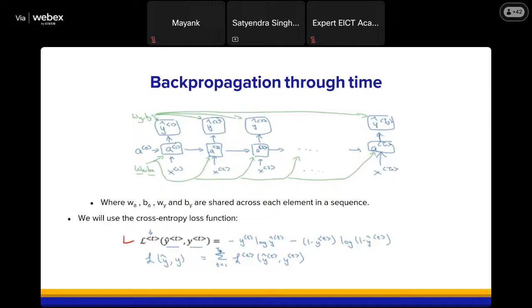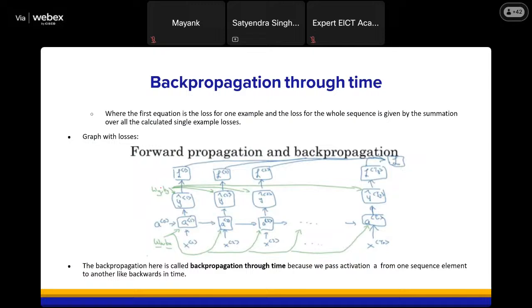You define the loss function, and this loss function is usually cross entropy loss, which is minus y log y predicted minus (1 minus y) into log of (1 minus y predicted), and the total loss is nothing but the summation of all the losses that you have in the sequence.